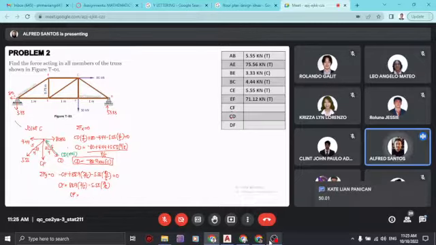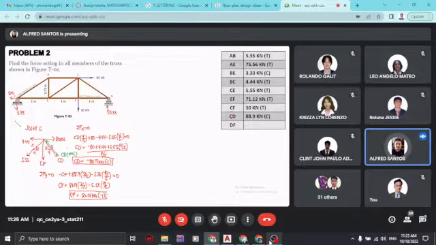So 50.01, okay, which is positive. So this is in tension. No? So kung titingnan nyo yan, 50 yung sagot sa CF. And then CD is 88.9 compression.